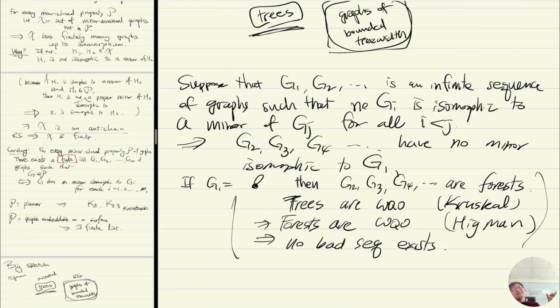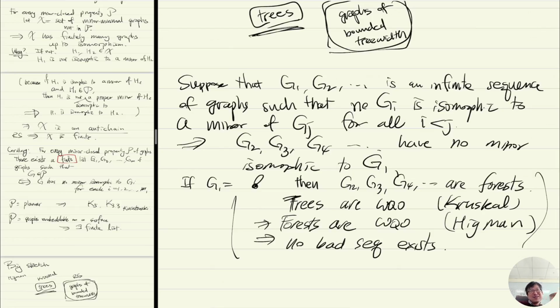When in the bad sequence the first graph is a single vertex graph with one loop, then we know that all graphs appearing later can be assumed to be forests, because otherwise it's not a bad sequence. And since those graphs are forests, we can use Kruskal's theorem and Higman's lemma to say that such a sequence doesn't exist.